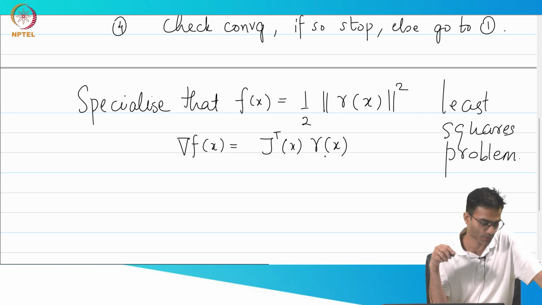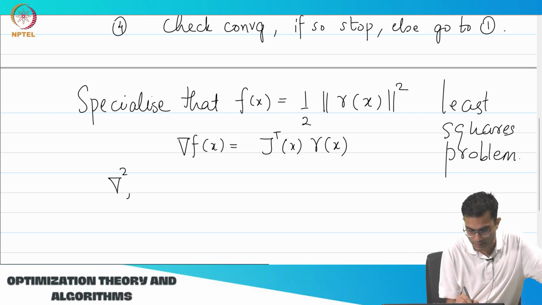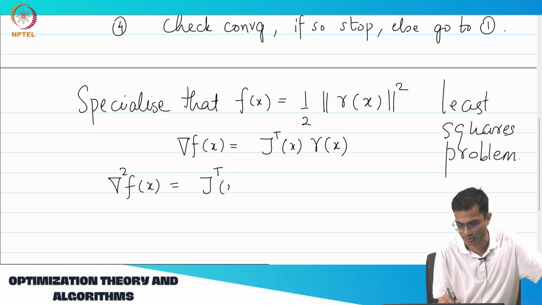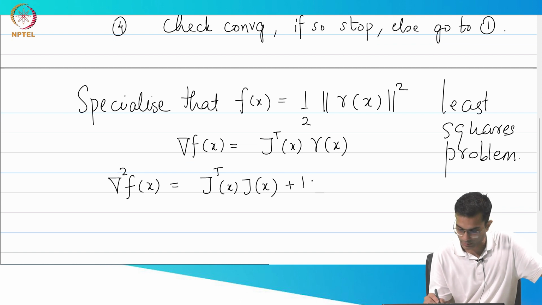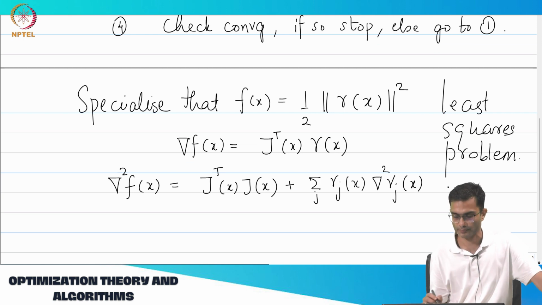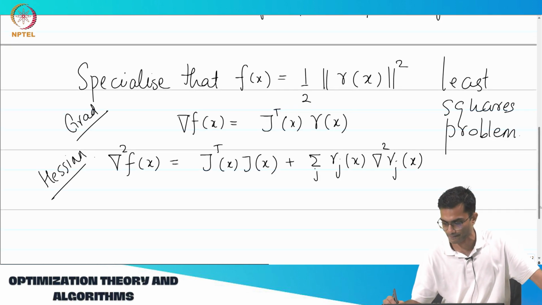This was my gradient. Similarly, I had a nice expression for the Hessian, right? So, I had J transpose(x) J(x), that was the first term, and the second term was a summation. There was no nice closed form expression, so I just wrote it like this. So, this is my gradient, this is my Hessian.